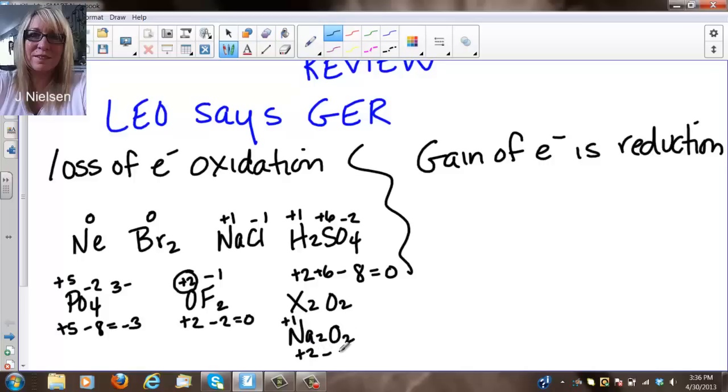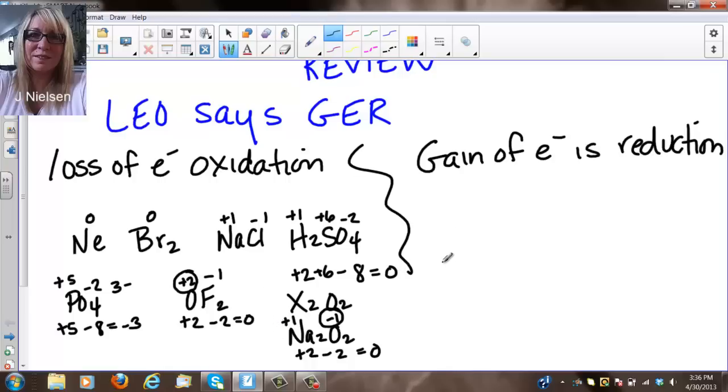So oxygen has to be a net -2 in order for this to be equal to 0, but there's 2 of them, so that means each oxygen is -1. This is the second exception. Oxygen has a -1 charge when it forms a peroxide. It has a +2 charge when it combines with fluorine. Other than that, oxygen is always -2.